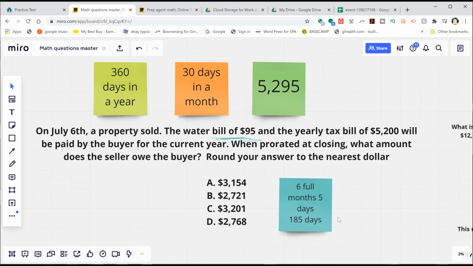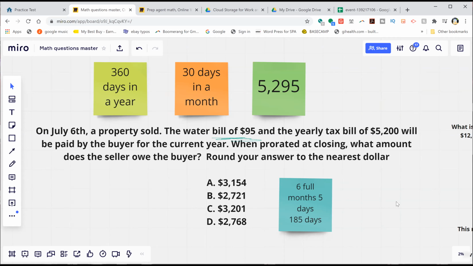So what we have to figure out in this little post-it note down here in the lower right is how long the sellers were in the home. It was July 6th that the property closed. So the seller was in the home for 6 full months and 5 days, because the buyer takes responsibility on day of settlement.